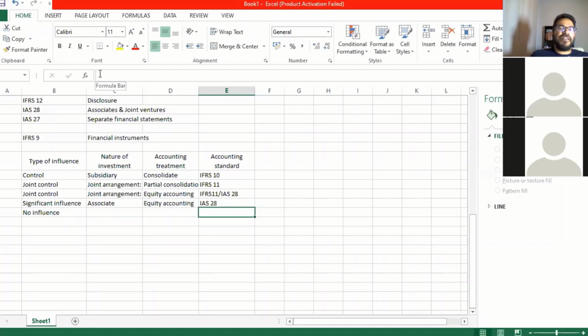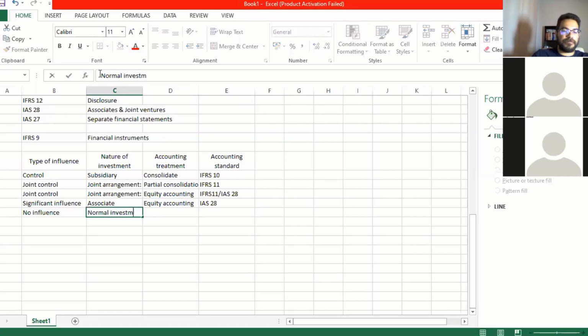If you have significant influence, it means you have an associate. If you have an associate, the accounting treatment is equity accounting. Where do you find the details of equity accounting? Which accounting standard? IAS 28. If you have no influence, that means you have a normal investment.